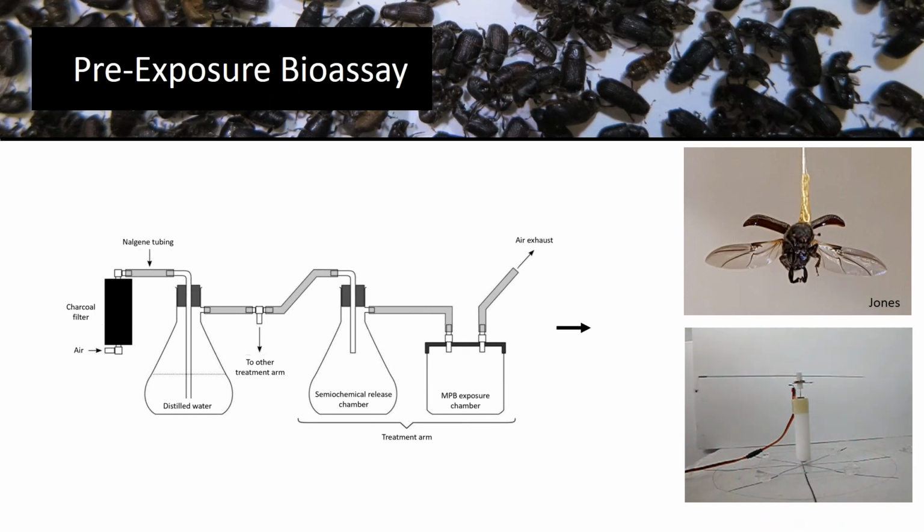The exposure lasted for 3 hours, and following exposure, beetles were then positioned on the computer-linked flight mills and were allowed to fly for 23 hours. The total flight distance and duration was measured for beetles that experienced either clean air or the transverbenol-treated air before their flight.